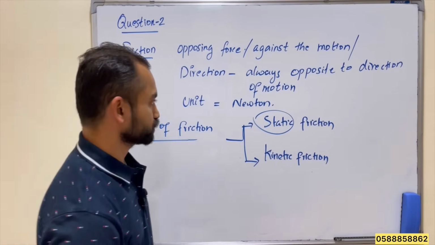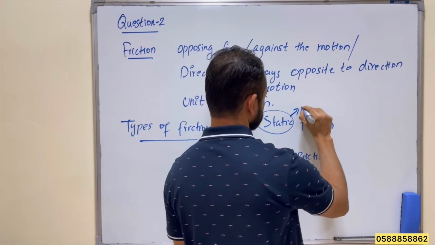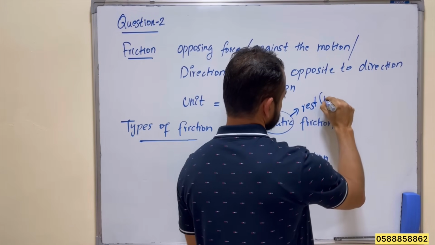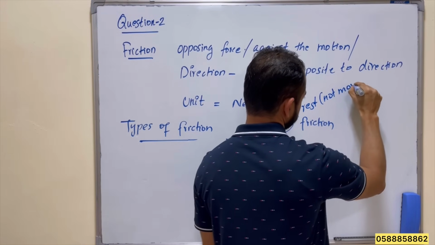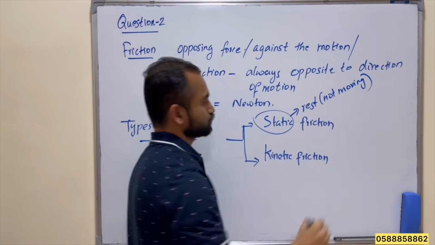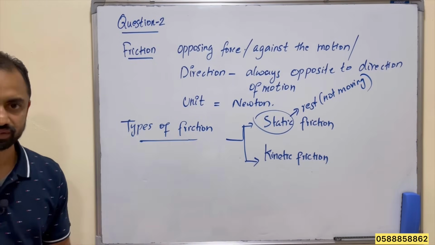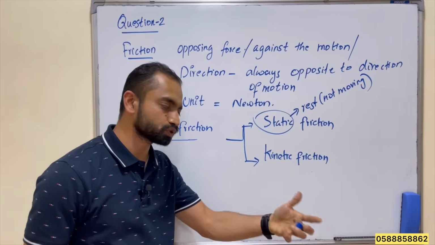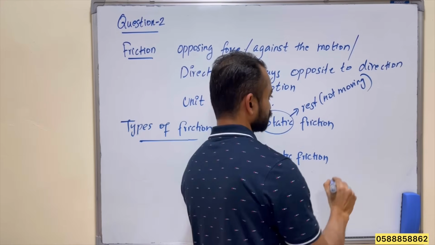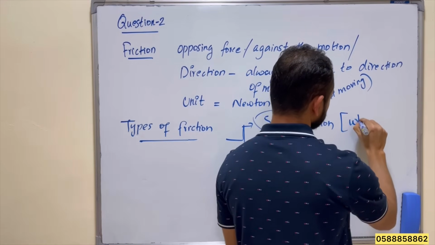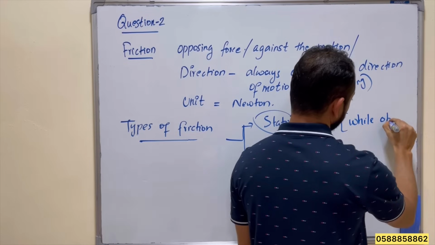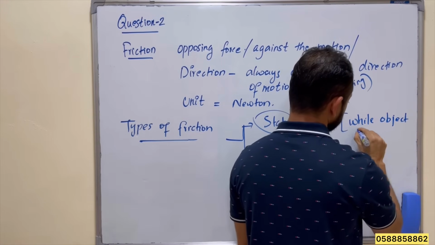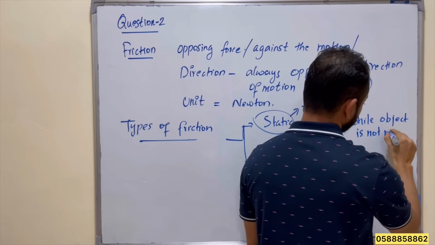Static means rest, right? Static means rest. Rest means not moving. So what is the meaning of static friction? Static friction means friction acting while the object is not moving.